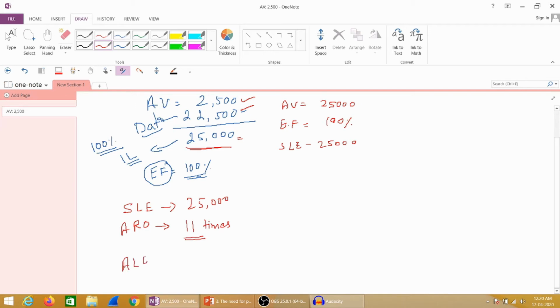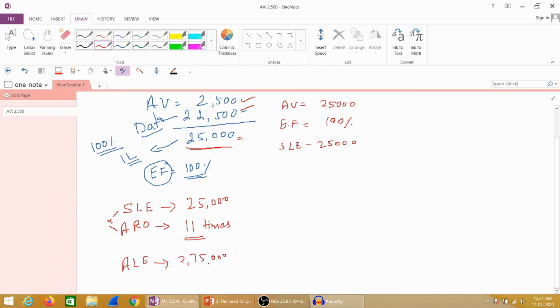ALE is annual loss of expectancy. Annual loss is what? The SLE multiplied by ARO. SLE, the single loss, is 25,000 multiplied by 11 times. That means the annual loss of expectancy is 2,75,000.